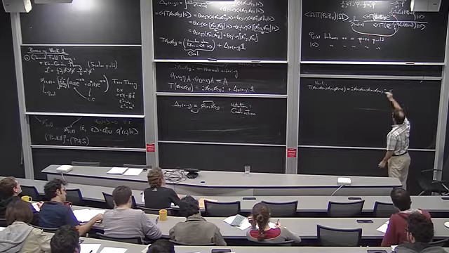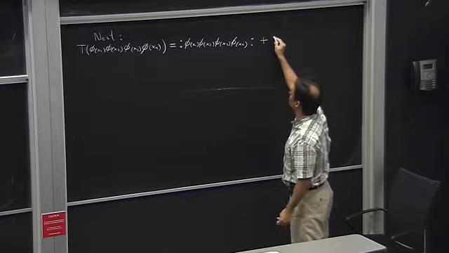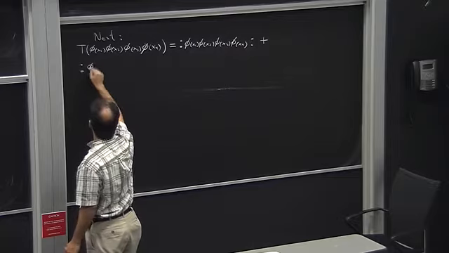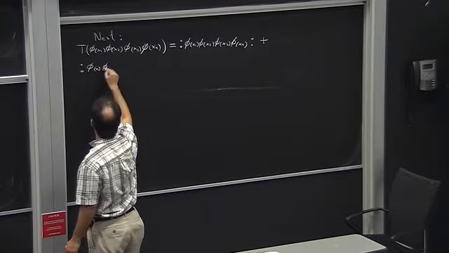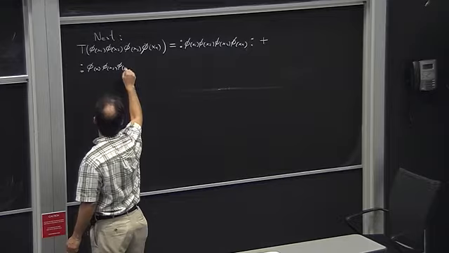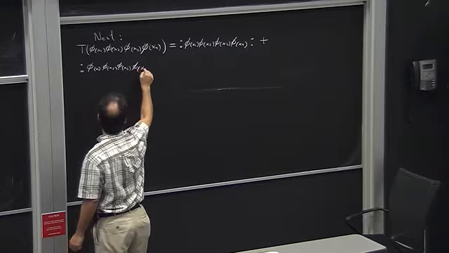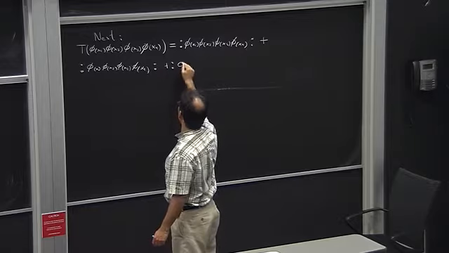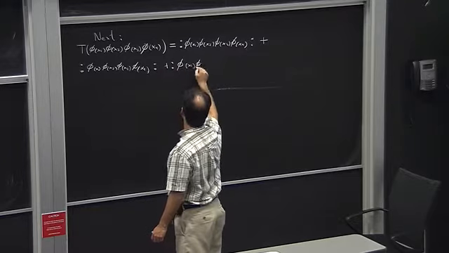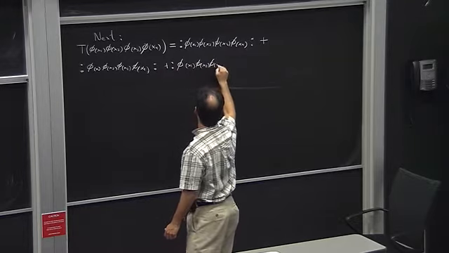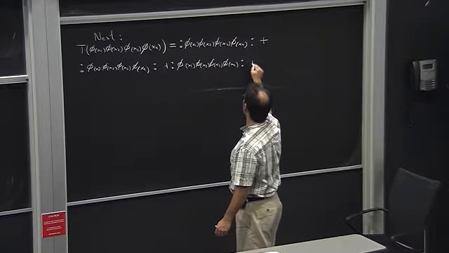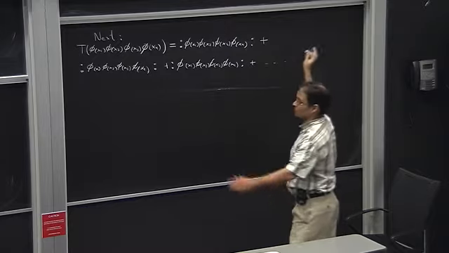Okay, so then what is this? Well, this is equal to this normal ordering plus, once again, I write phi 1. I can write many of them.